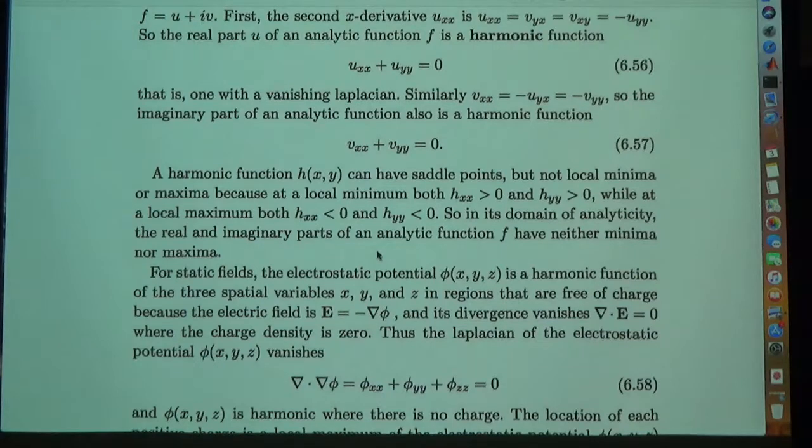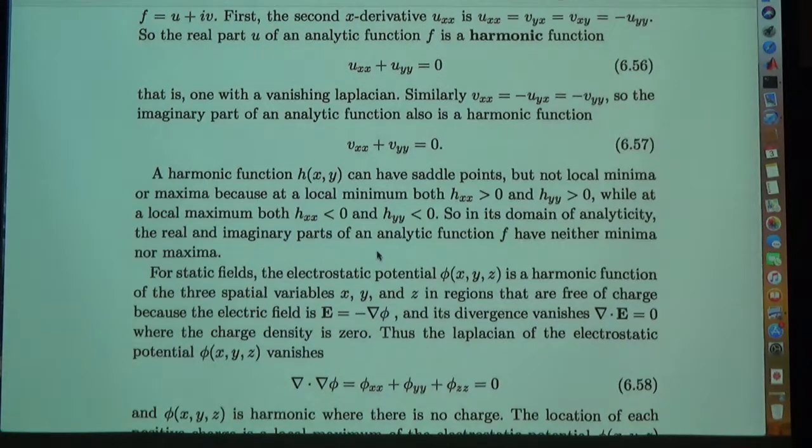Now, harmonic functions can have saddle points, which is to say a point that is the maximum in one direction but the minimum in another direction. But a harmonic function can't have a true minimum or a true maximum, because at a true maximum, let's call it h, hxx would have to be positive, and hyy would have to be positive. Actually, that's at a minimum, isn't it?